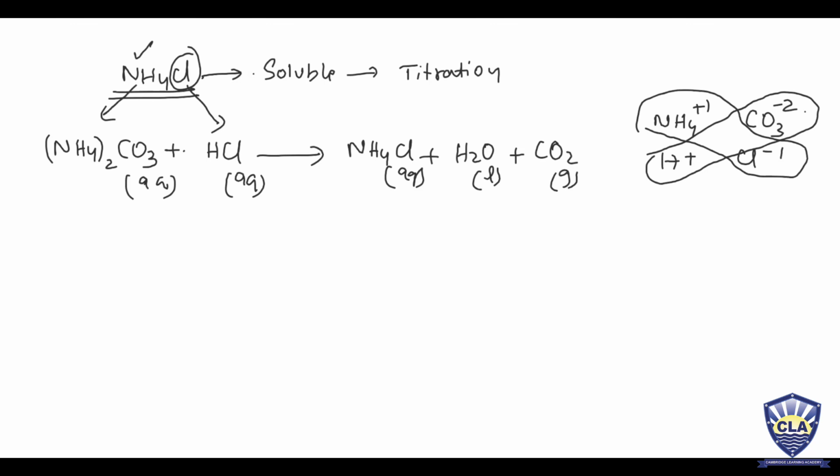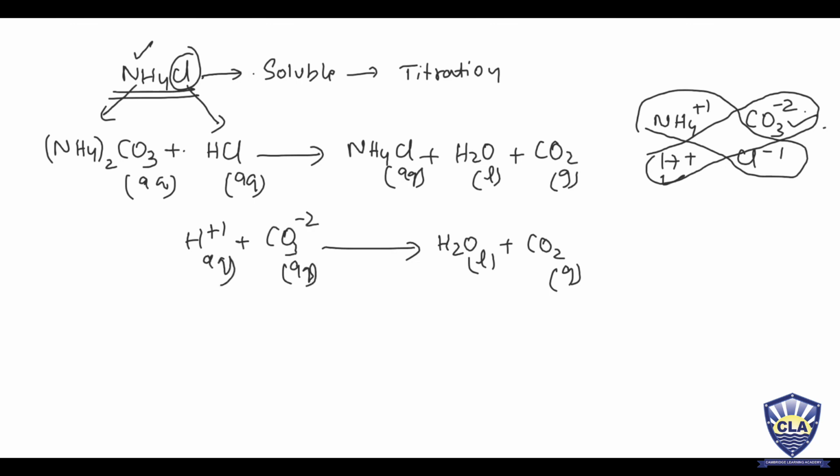If you want to make the ionic equation, my dear, you have to see which things are solid, liquid or gas. So this is gas and this is liquid. Write both of these, H2O liquid and CO2 gas, and make the ions of the aqueous things: NH4 plus 1, CO3 minus 2, H plus 1, Cl minus 1, NH4 plus 1, Cl minus 1.